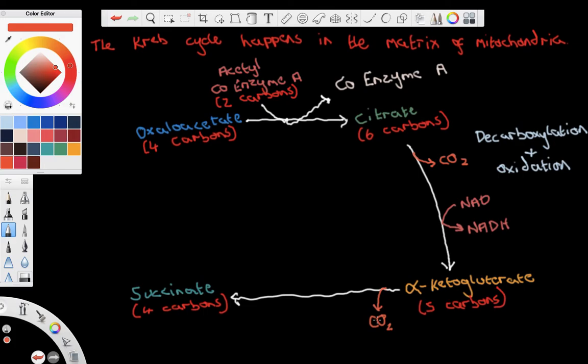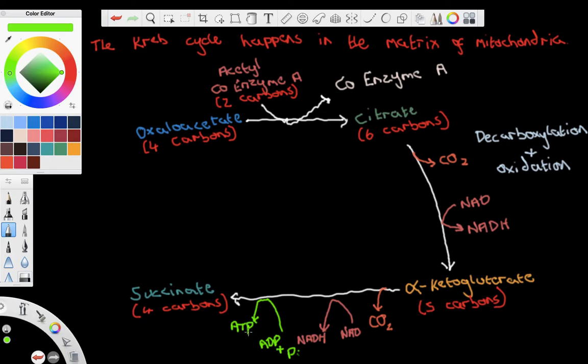We have also got oxidation taking place. So again, we're going to have an NAD being turned into an NADH. So we've got NAD becoming NADH, and we've also got here an ADP and an inorganic phosphate being turned into ATP.